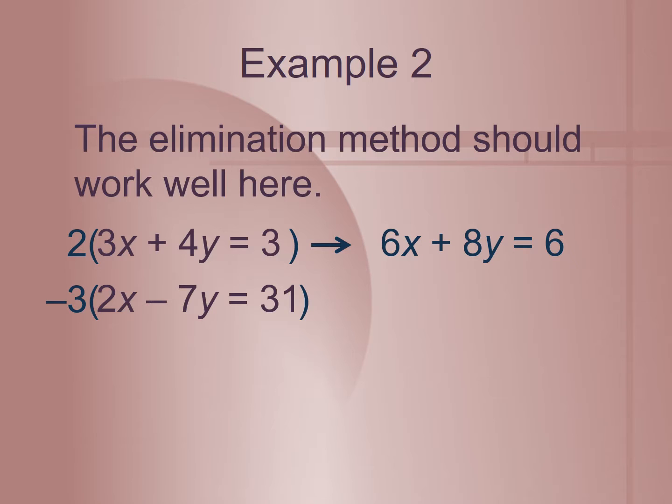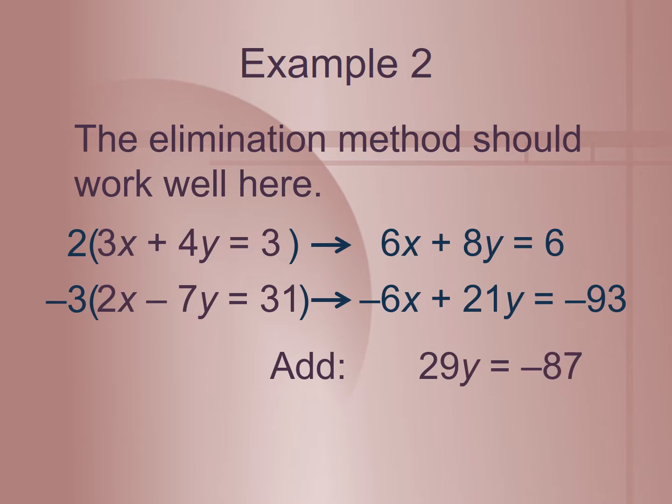So we have 6x plus 8y equals 6 after multiplying our first equation by 2. Our second equation becomes negative 6x plus 21y equals negative 3. Now the coefficients on the x are opposite: we have 6 and then negative 6. If we add the equations together, the x terms cancel. We get 29y equals negative 87, which means y is negative 3.